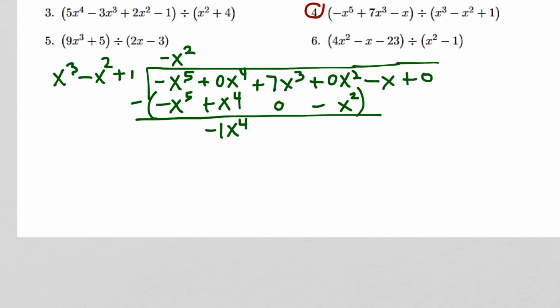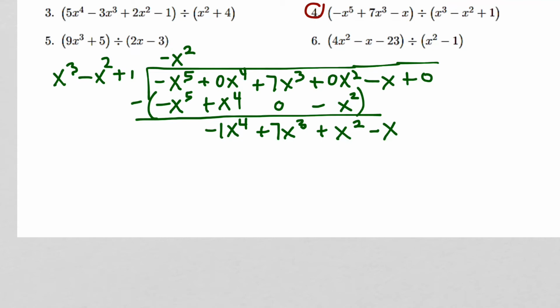I don't need to put that 1 there. 7x cubed minus 0 would be 7x cubed. And 0x squared minus a negative 1x squared is plus 1x squared. So I don't need to put my 1. Then I'll bring down my next term from the top row, minus x.